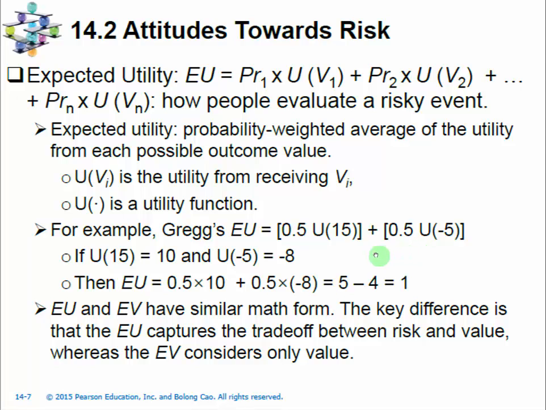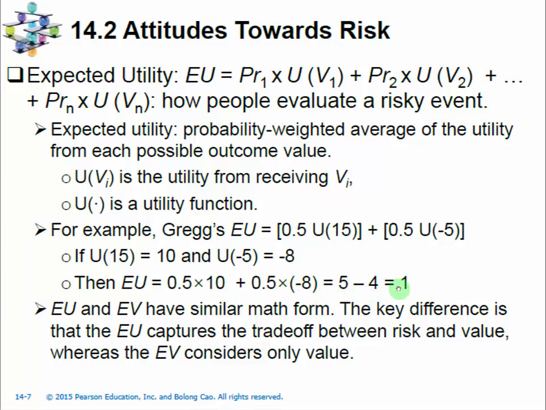However, if we have a utility function that puts a utility level of 10 onto the outcome of 15, and a utility level of -8 on the outcome of -5, then the expected utility is 0.5 times 10, from the 15, plus 0.5 times -8, from the -5. We have 5 minus 4, that is 1.